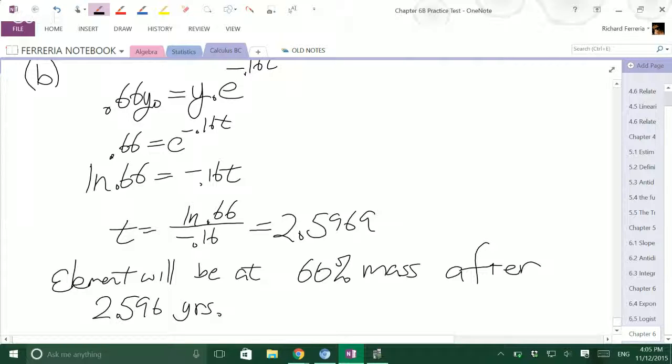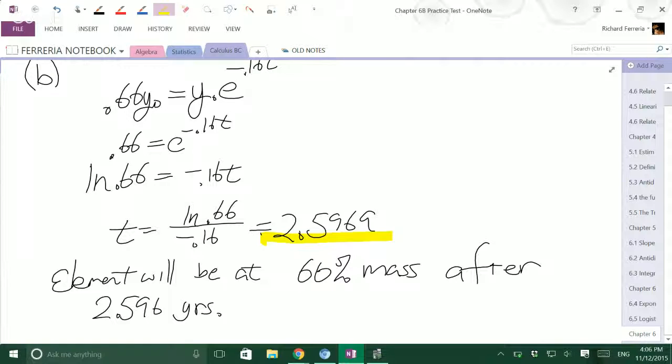Here? The element will be at 66% after about. Well, if we're doing everything with full decimal places, if it's exactly at 3 decimal places, then you don't have to say approximately anymore.